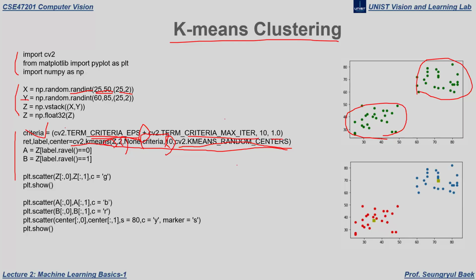I mean, if the change of pixels is less than 1 pixel, then it will terminate. And also when your iteration is over 10, then it will also terminate. So that is the criteria here. And also this A and B mean the cluster, the actual cluster output, okay? And this is the code for visualizing everything, okay? So you can run this code to practice this k-means clustering, okay?